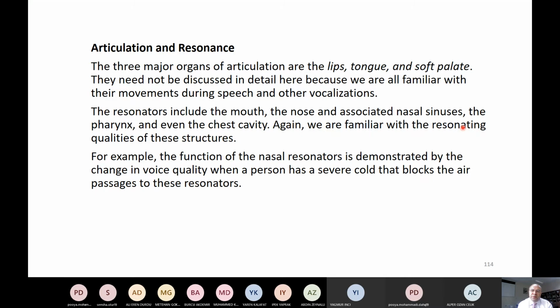Again, we are familiar with the resonating qualities of these structures. For example, the function of nasal resonators is demonstrated by the change of voice quality when a person has a severe cold that blocks the air passages to these resonators, so that we can easily understand if someone has the flu by listening to his or her sound.